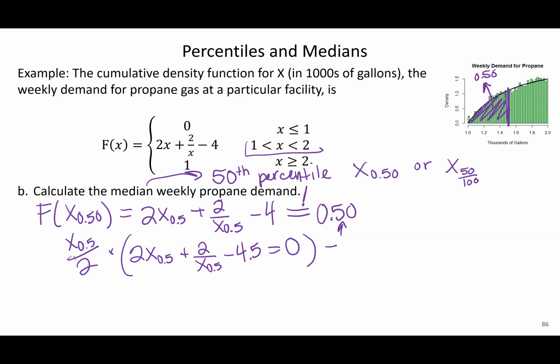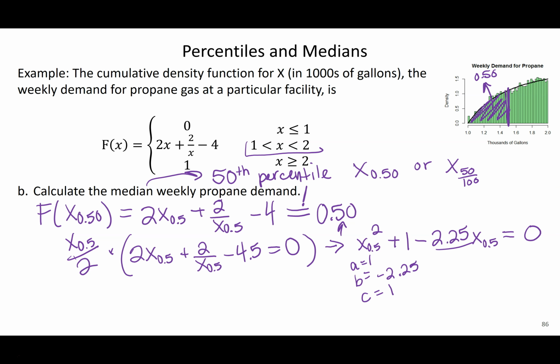So I'm going to get x.5 squared plus 1 minus 2.25x.5, and that is equal to 0. So A is going to be 1, B is going to be negative 2.25, C is going to be 1.